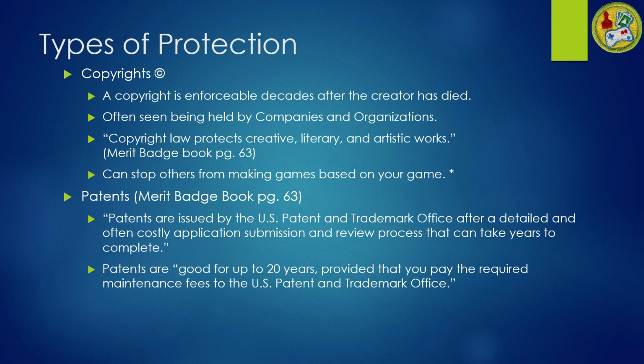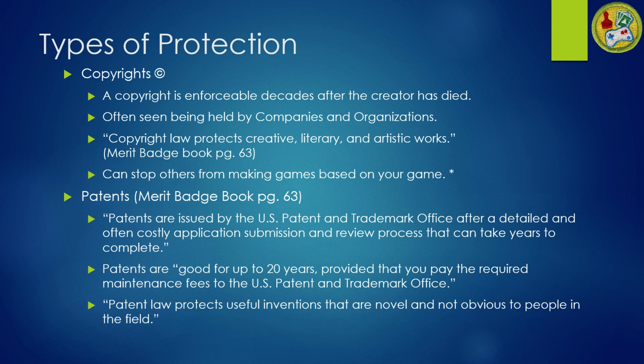Patents are good for up to 20 years, provided that you pay the required maintenance fees to the U.S. Patent and Trademark Office. Patent law protects useful inventions that are novel and not obvious to people in the field. A few non-game examples the book lists of things that had or have patents are the airplane, the telephone, and the laser.